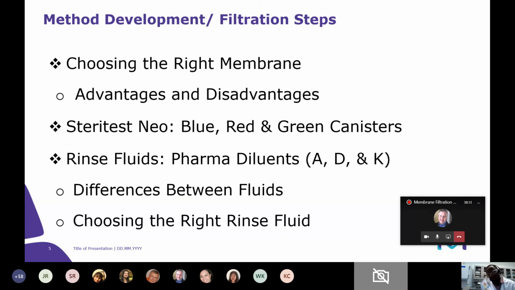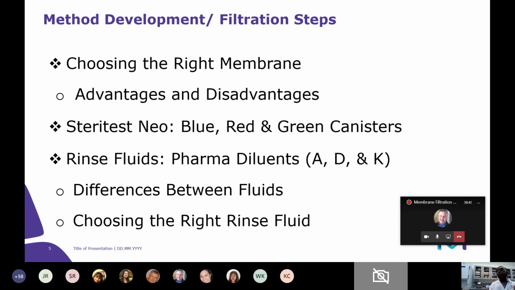I will talk about the fluids next. We also have this. I don't have the Oasis pump, but we do have MCE membranes, all the different types of membranes that come with the consumables for the Oasis as well. So now we've talked about these three SteriTest NEO canisters: blue, red, and green.